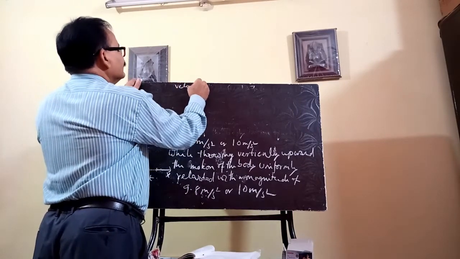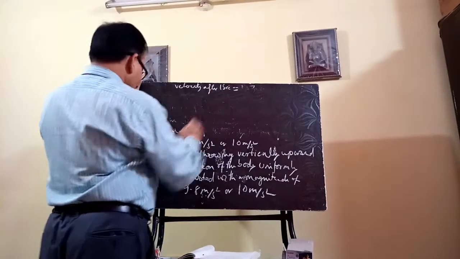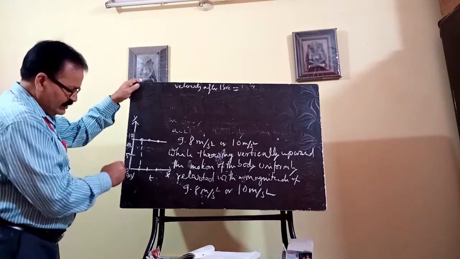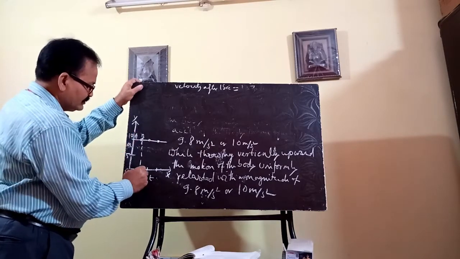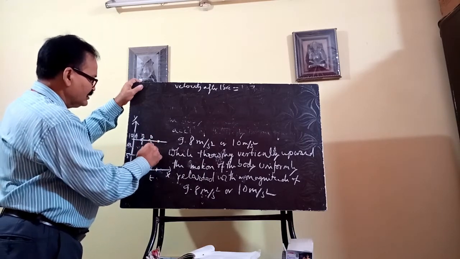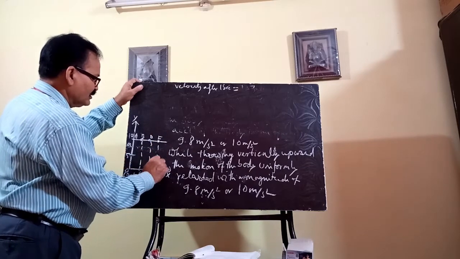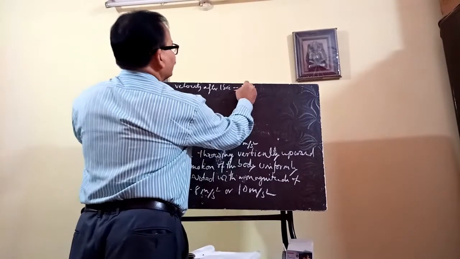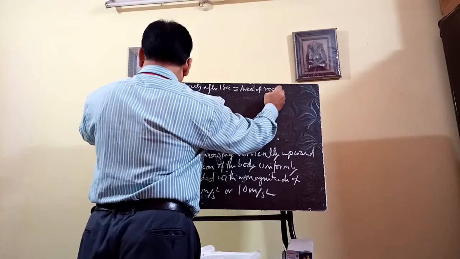Velocity after 1 second is the area of rectangle OABC.